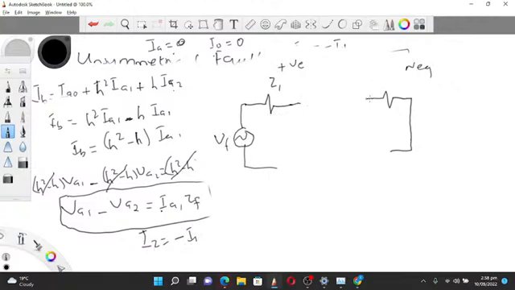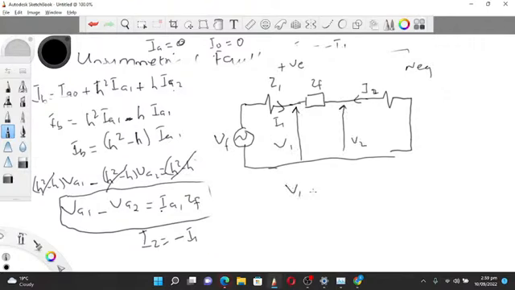I'll put my general ZF here such that I1 is going this way, I2 is going this way. This voltage here is our V1 and this voltage here is our V2. So from this diagram, you can see that V1 minus V2 is equal to I1 ZF.